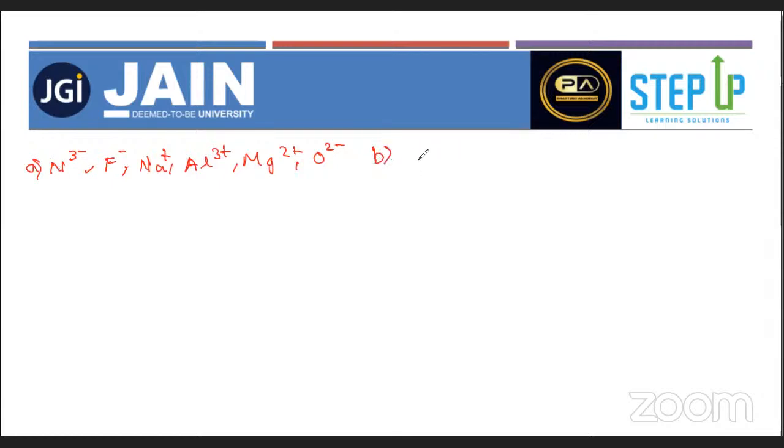Number two, I have S2 minus, chlorine minus, K plus, Ca2 plus, and P3 minus. These are the two things we are supposed to arrange in increasing radius.